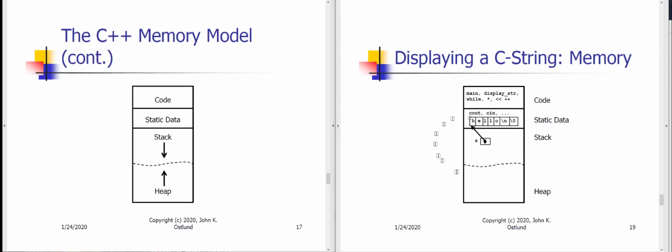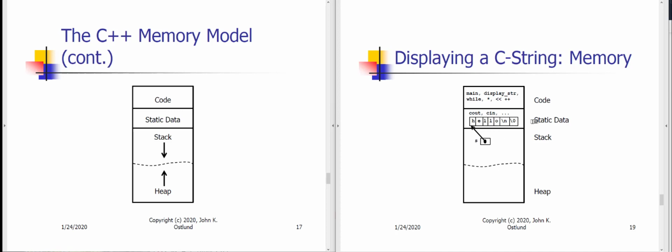So when the program runs, the code, which is for the main function, the DisplayStir function, the indirection operator, the put2 operator, the increment operator, all of that code that specifies what's supposed to be done is in the code area.